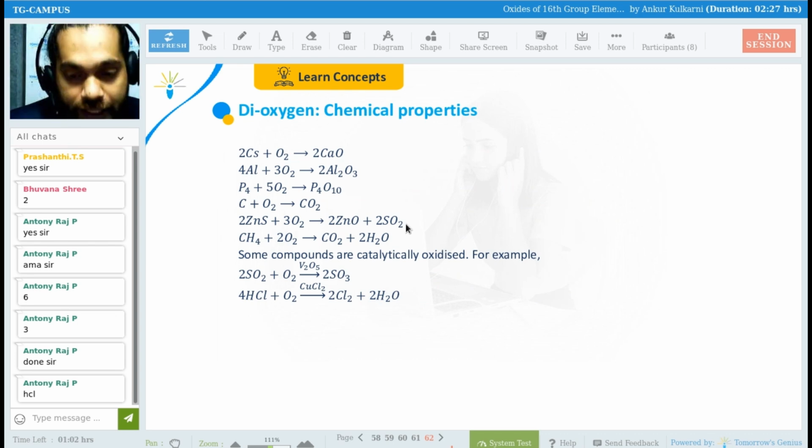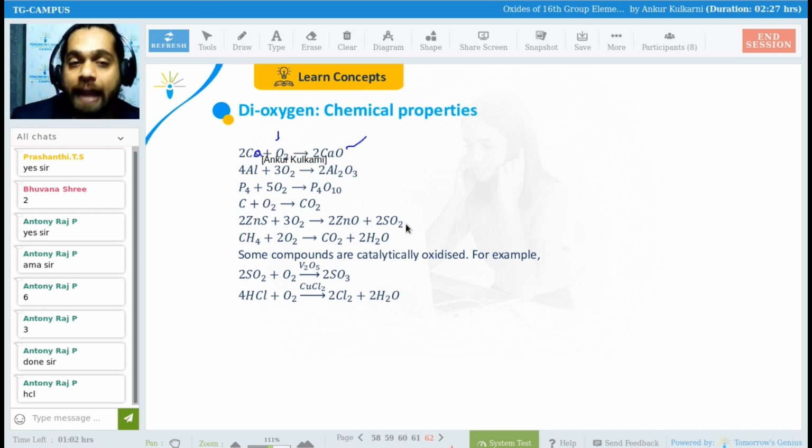Now I'm not going to take each and every reaction from this. See, simple logic: if we react anything with oxygen, we get simply oxides. If I react calcium with oxygen, I get calcium oxide.